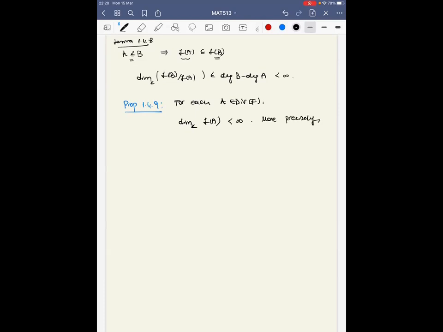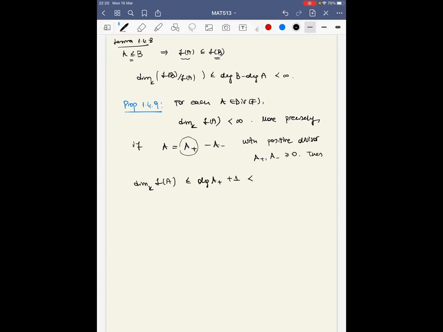More explicitly, if we write the divisor as, if you consider its partition with respect to positive and negative terms, so that means if we write it A plus minus A minus, here A plus and A minus denote the positive divisors, then the dimension of the A space is bounded above by the degree of its positive term plus 1.